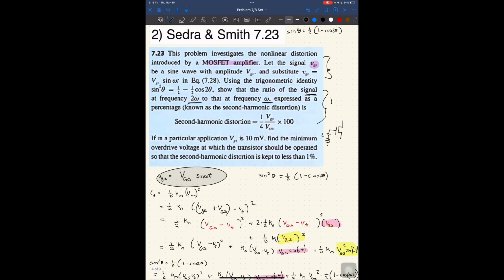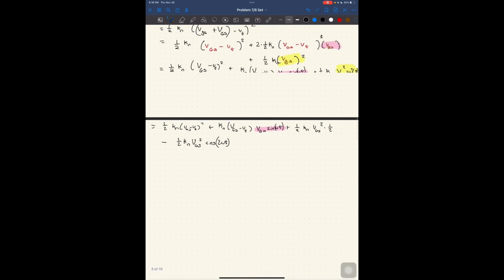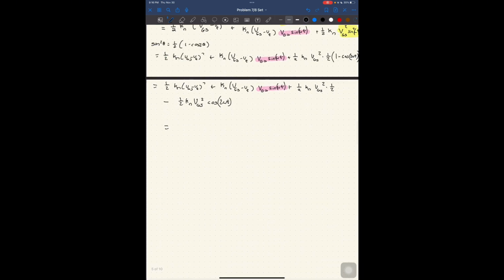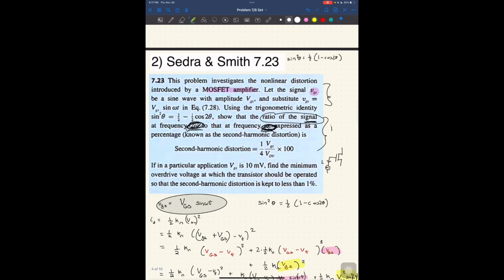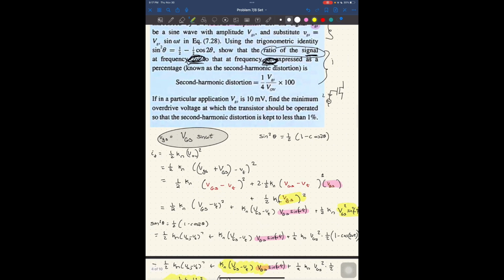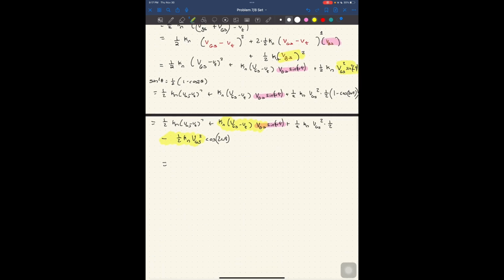Now, show that the ratio of the signal at frequency 2 omega to that at frequency omega is equal to this thing. So why is it doing that? The frequency at 2 omega is nothing but this magnitude. The frequency at omega is nothing but this magnitude. So if it's asking me for 2 omega to omega, or at least the magnitude, then the magnitude at 2 omega is minus 1/2.